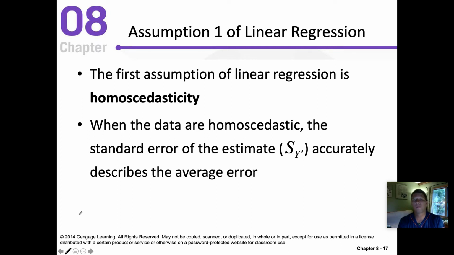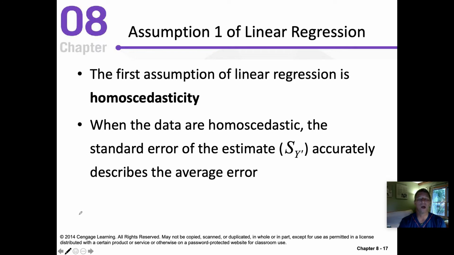The first is a set of assumptions, and there are multiple assumptions, not just one, about linear regressions. The first assumption of linear regressions is what we call homoscedasticity. I always bumble over that word, but homoscedasticity.